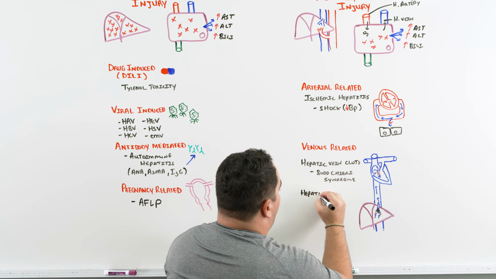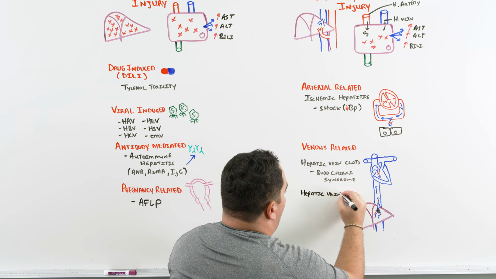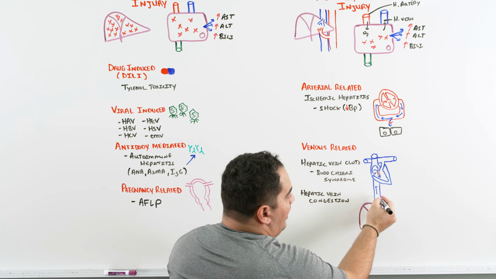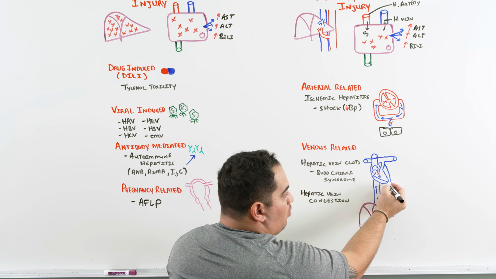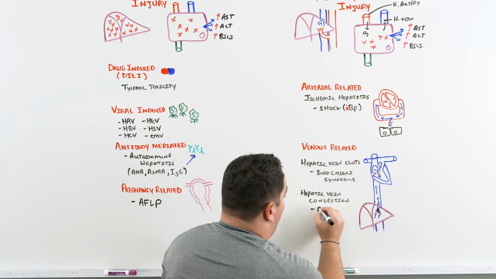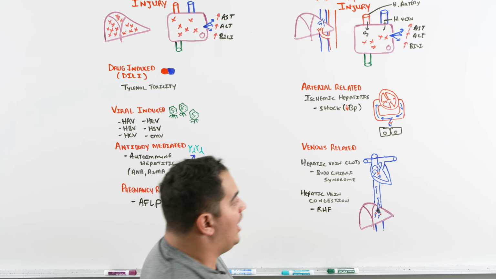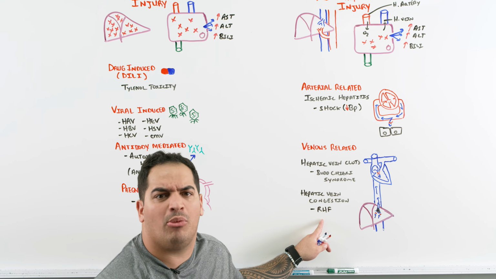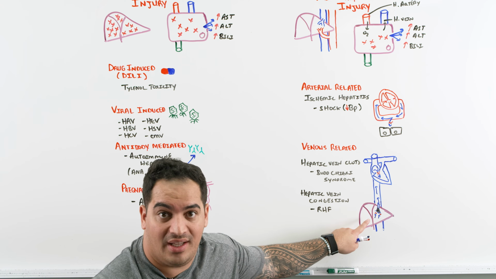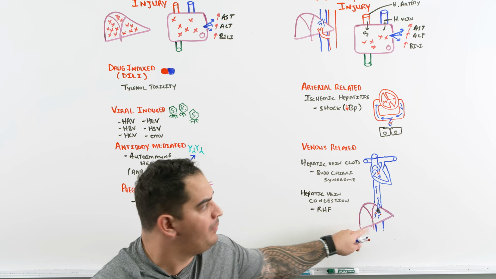What if the hepatic vein is congested with blood because it can't allow that blood to go to the inferior vena cava into the right heart because the right heart is all messed up? This would be in a scenario of right heart failure. If a patient has right heart failure, like terrible constrictive pericarditis, it could potentially cause their liver to become super congested and can cause acute liver failure.